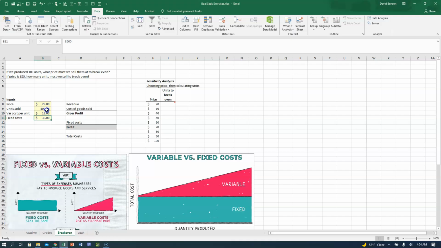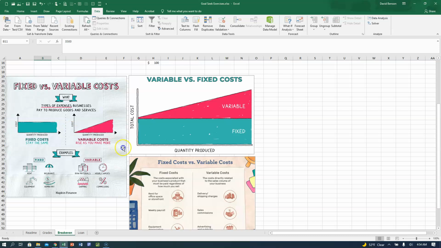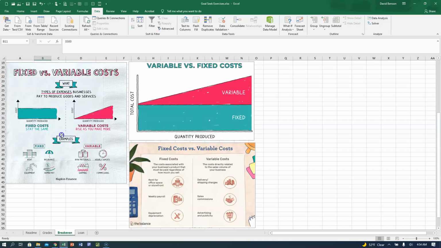Okay, and then just to remind us of what's the difference between a fixed cost and a variable cost. A fixed cost, down here it says stays the same, but in fact the way we want to think about it is kind of over here what this one says, which is I've got to pay that fixed cost regardless of the number of units I sell, meaning even if I sell 0 or I sell 10,000.